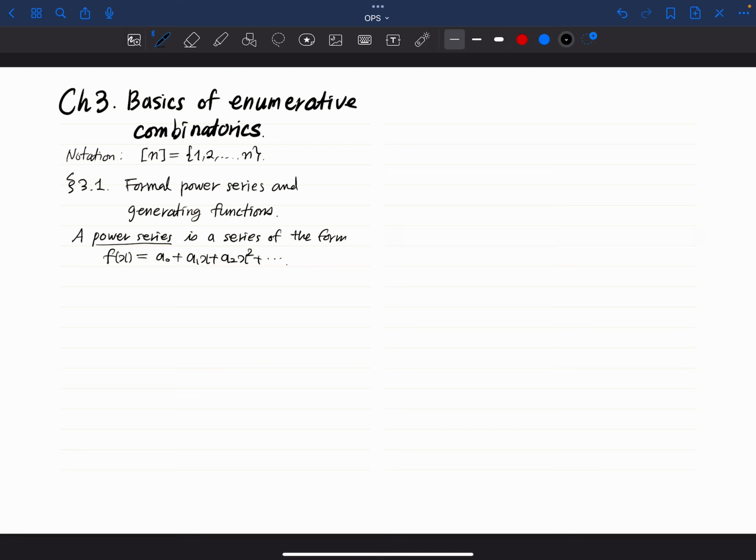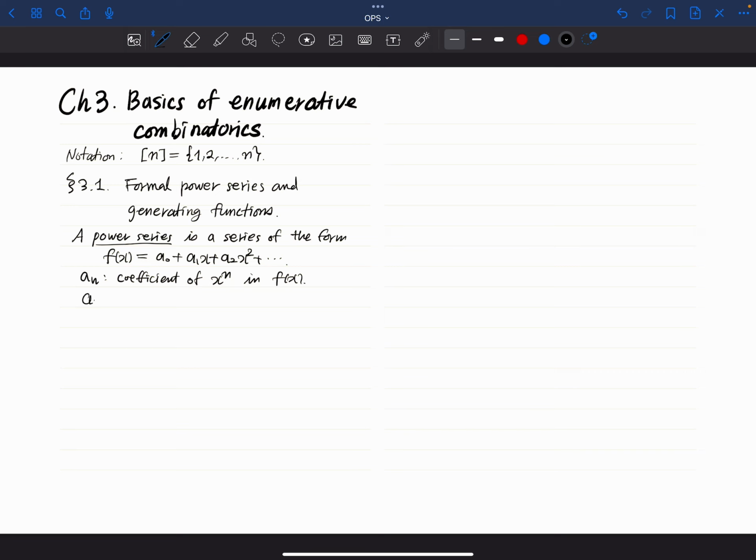And we say that in this case, each an is called the coefficient of x to the n in the power series f(x).